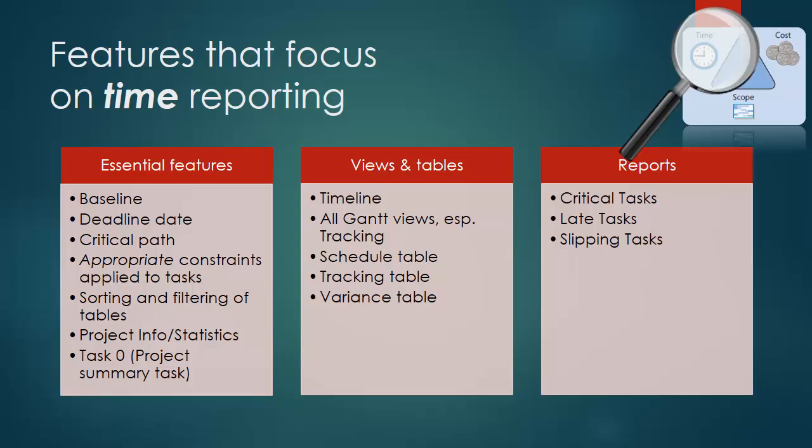Oh, and Bill points out they unknowingly applied those constraints. That's why I say appropriate constraints. Sometimes a Must Finish On constraint is exactly the right kind of constraint to apply, but you really want to do that intentionally. It's better now in Project than it used to be, in terms of inadvertently applying inflexible constraints.